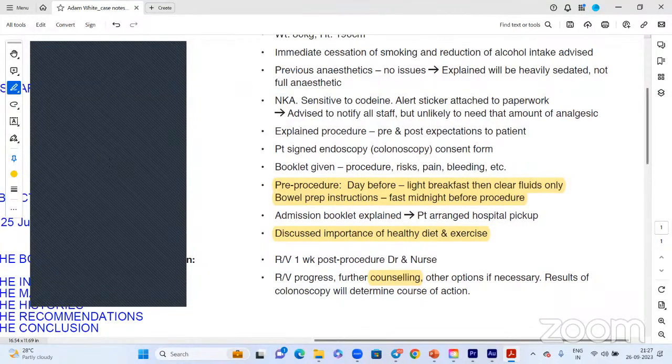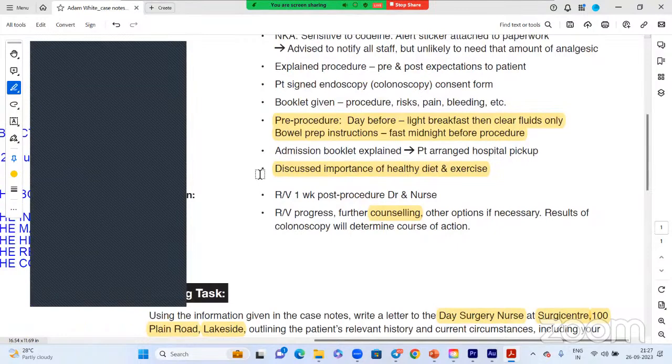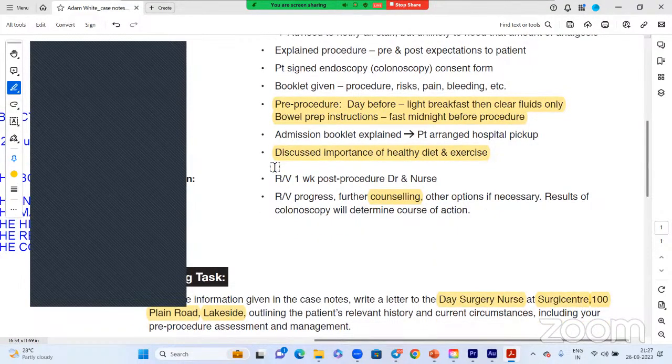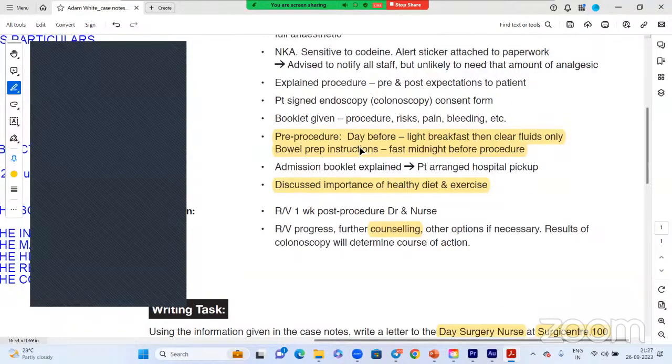Appropriate changes or modifications or alterations, appropriate alterations with regard to or regarding dietary and exercise regimens have been suggested. So write down some more.